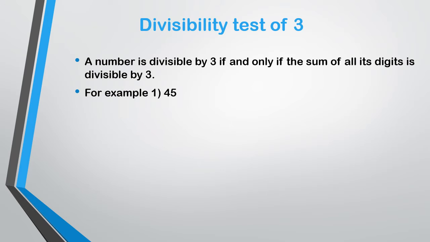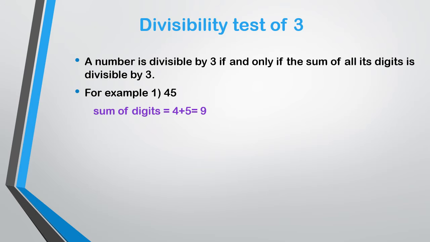45. Now we are going to check whether this 45 is divisible by 3 or not. So what is the first step? You have to find the sum of digits. Sum of digits is nothing but you have to add the digits. So here 4 plus 5 is equal to 9.